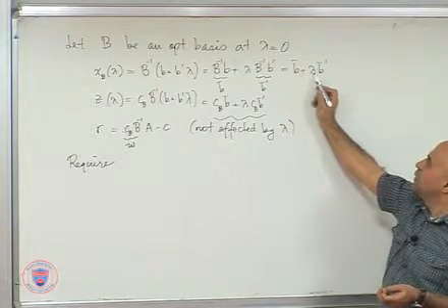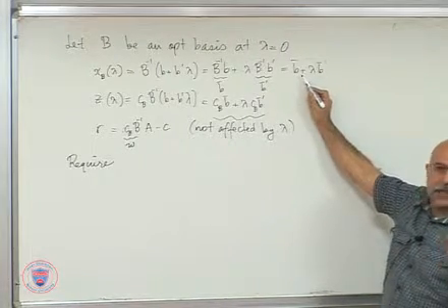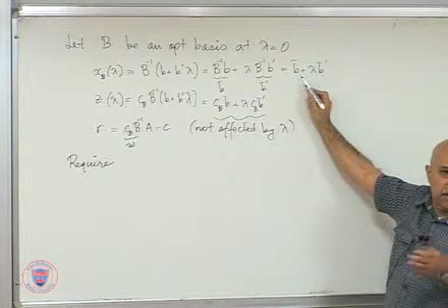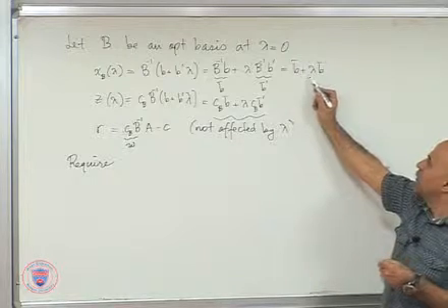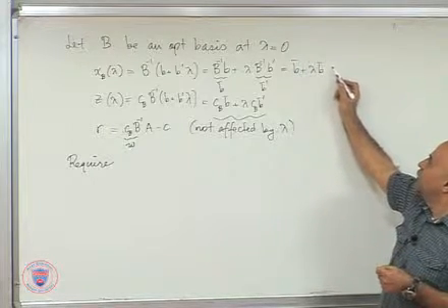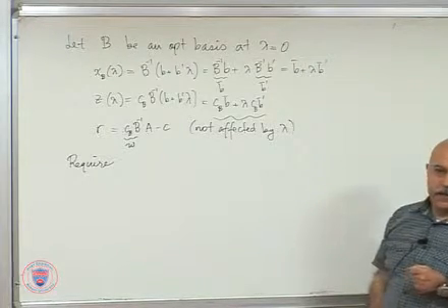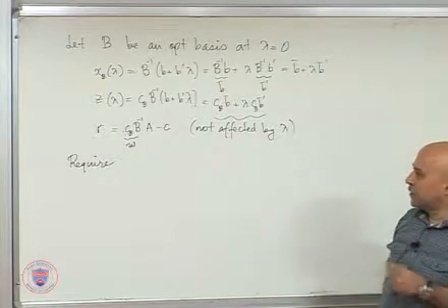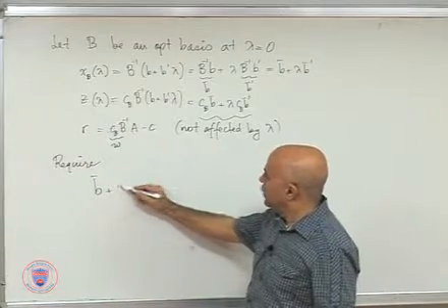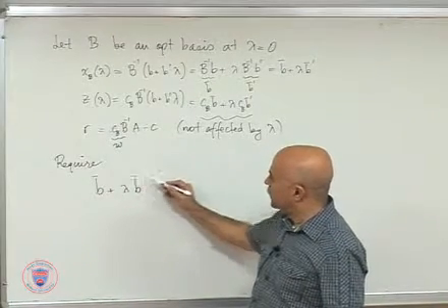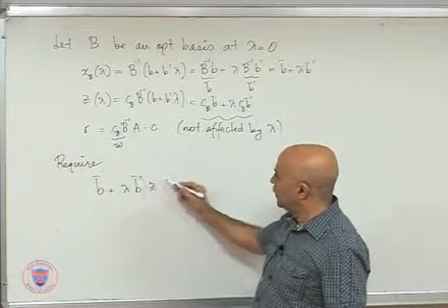But non-negativity at lambda equals 0, well, it is satisfied because we know B is an optimal basis. But when lambda starts increasing, of course, things may lose non-negativity, some of the components. So we require this solution vector to remain non-negative.